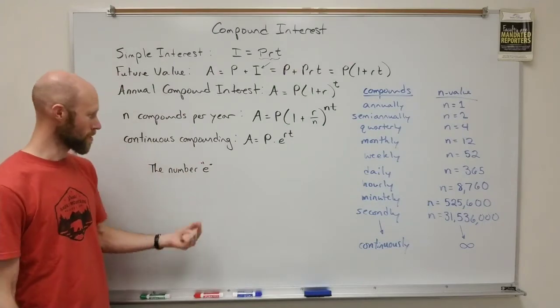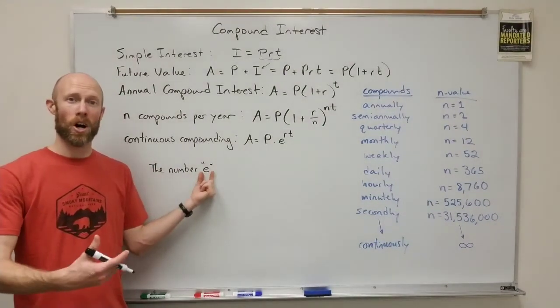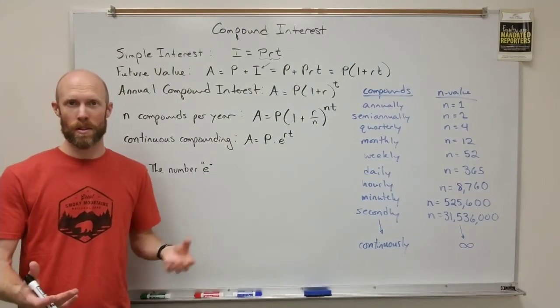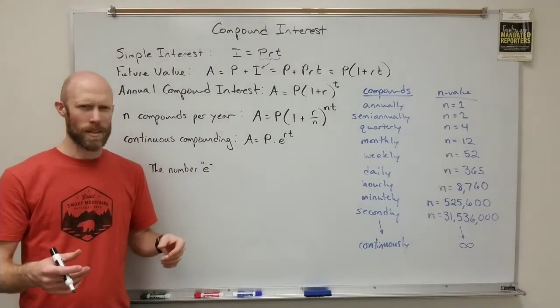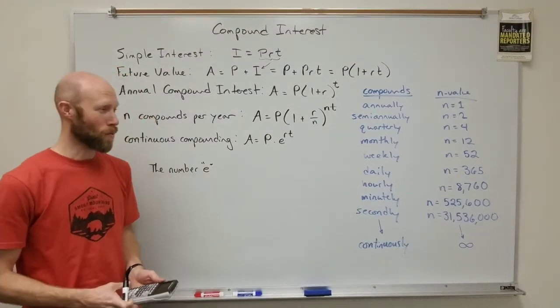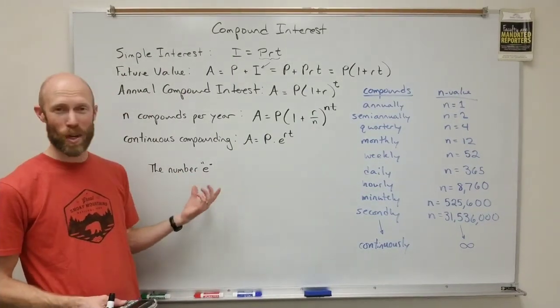Well, this is just a symbol that represents a number that we call e, Euler's number. e stands for Euler, E-U-L-E-R. Euler was a mathematician who came up with this idea.